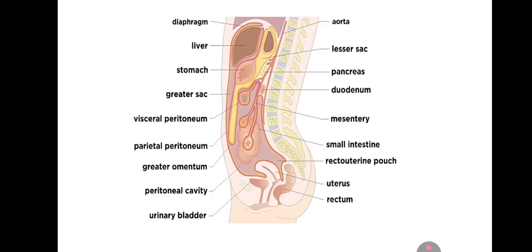It contains a serous fluid that lubricates the organs for ease of mobility, and blood is supplied to this peritoneal abdominopelvic cavity by the splanchnic circulation.